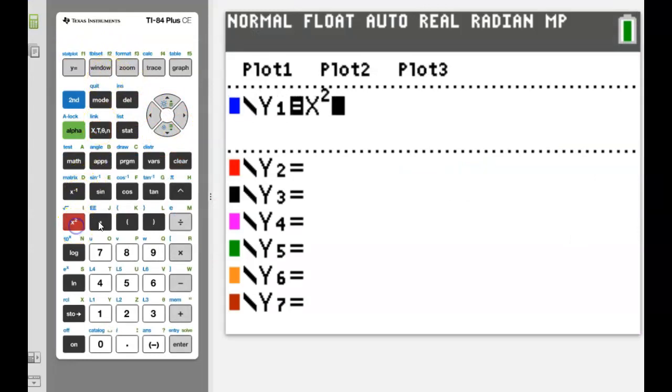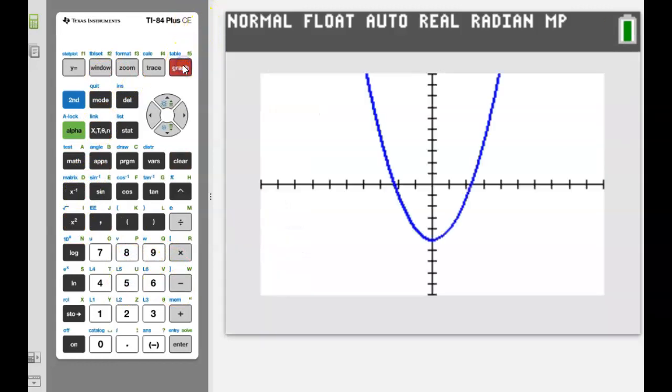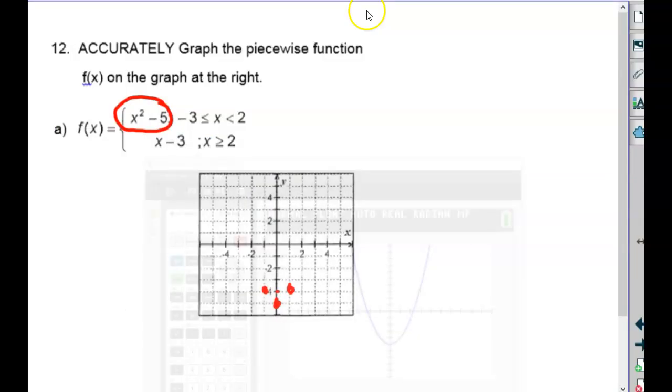X squared minus 5, right? Okay, except what are we going to do? It's only going to count from -3 to 2. Is that what that says?